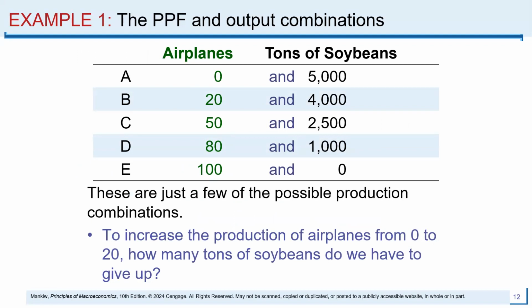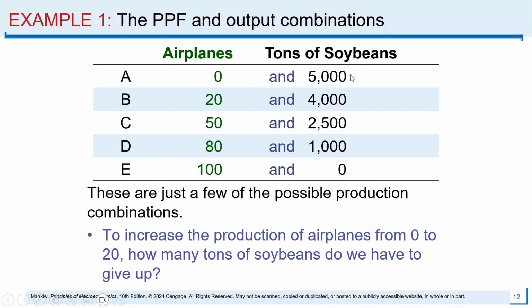So here we can list all the possible combinations of the products that this country can produce. You can see that if you produce more airplanes, then your production of soybeans will become less.